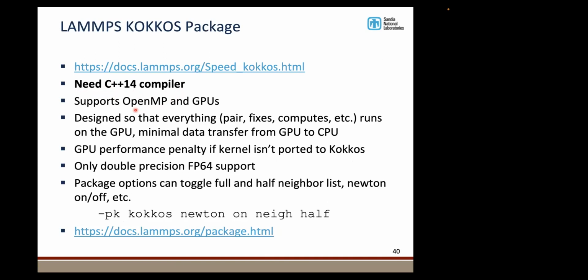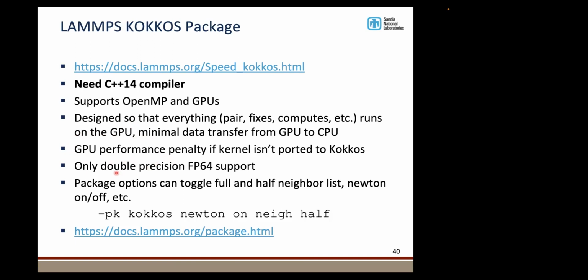So you're running your time integrator, you're running your diagnostics as much as possible, everything on the GPU, almost nothing on the CPU. The caveat is if you have some style that isn't ported to Kokkos, then you'll have to transfer data down to the host CPU, do that computation, and then transfer data back up to the GPU, and that can give a slowdown.